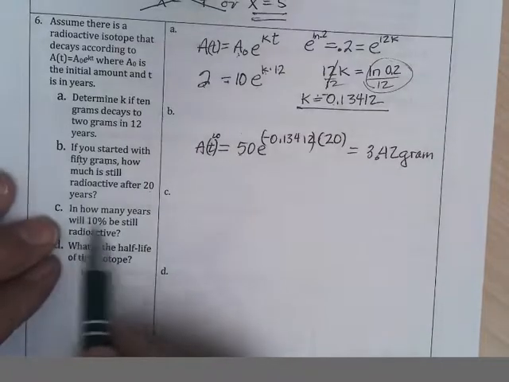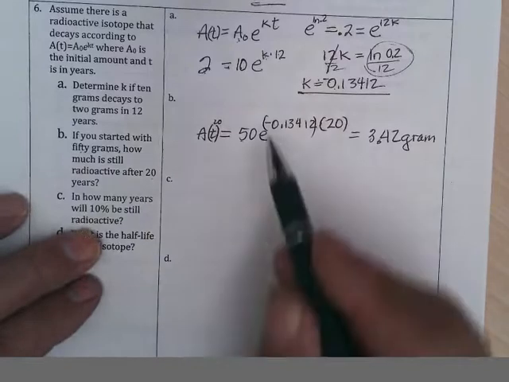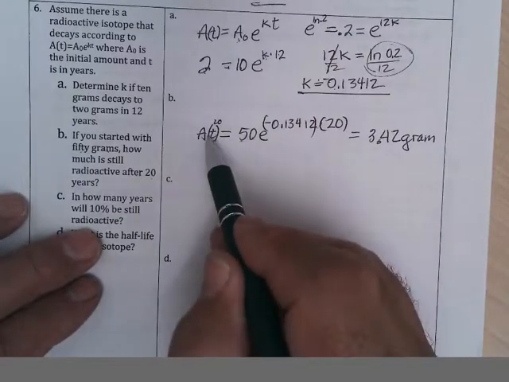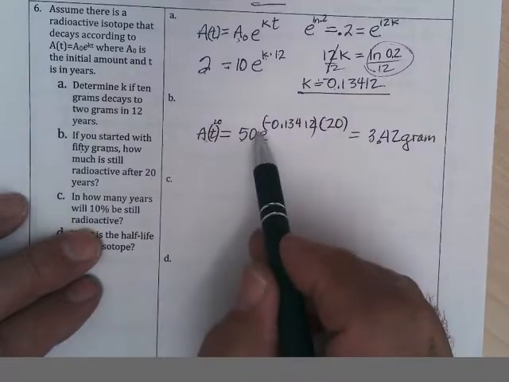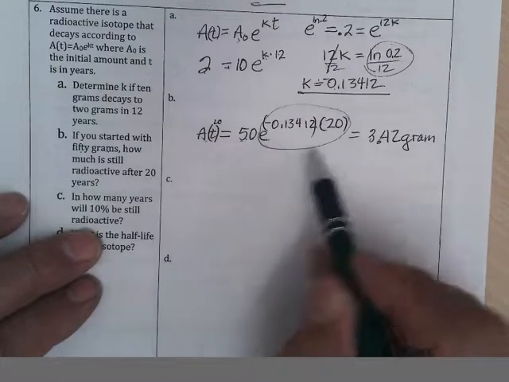In how many years will 10% still be radioactive? Well, it could be any amount. We could say 50, 10% of that would be 5. So we could put 5 here and 50 here. Or we could say no matter what the starting amount is, it has to be 10%.